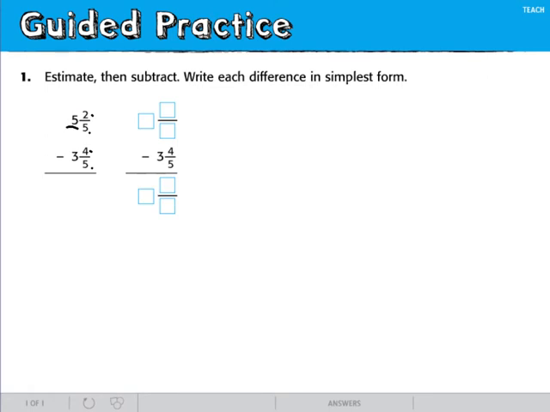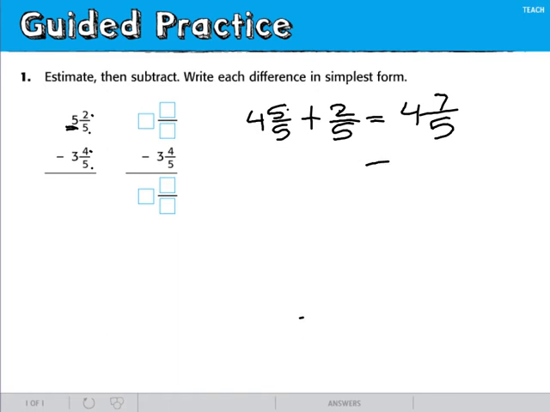What am I going to rename the 5 to? 4 and what? 5/5. Then I have to add the fraction that's already there, which is what? 2/5. So this equals 4. 5 plus 2 is 7 over 5.